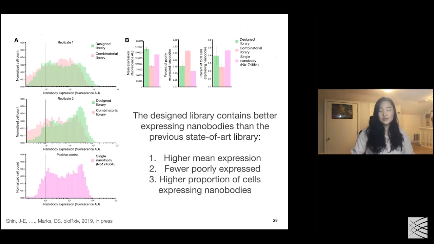So cells are expressing more nanobodies on average. In addition, we see fewer poorly expressed nanobodies. So in this region here, you can see that there are fewer cells that have nanobodies that are being poorly expressed. And finally, we see a higher proportion of cells expressing nanobodies overall.